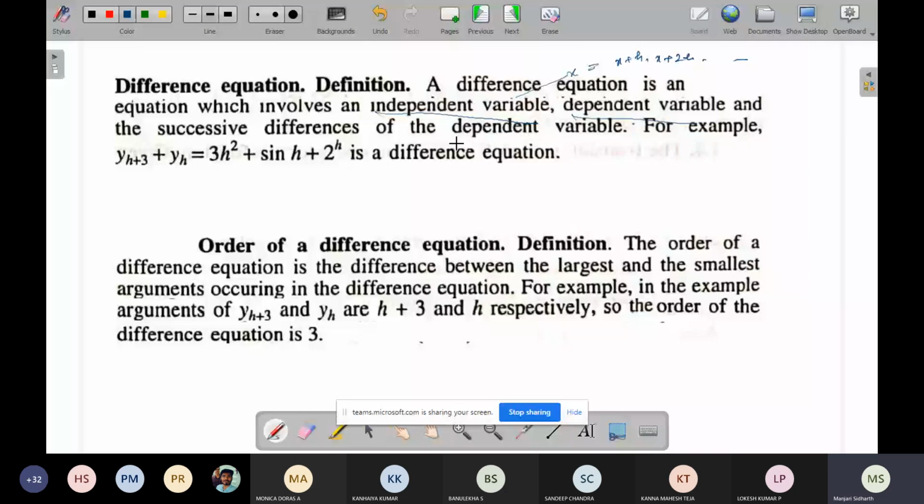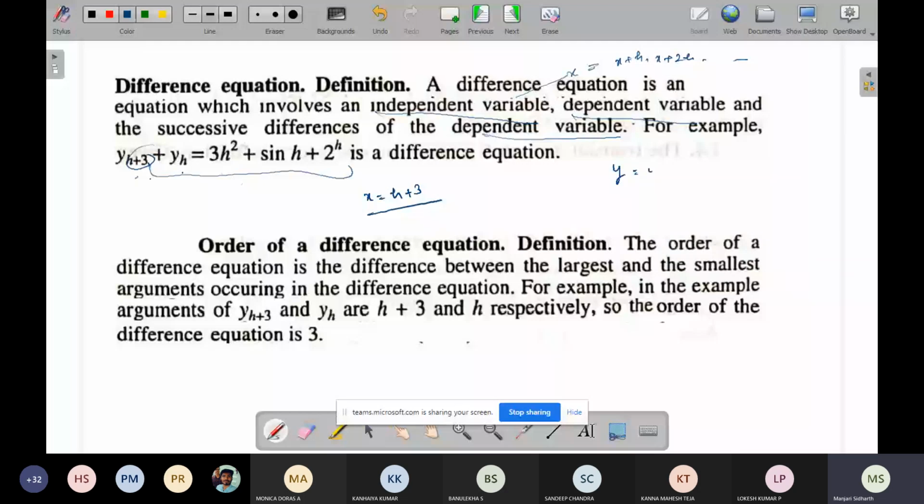For example, this: y(h plus 3), and then 3h squared. Here the x value is given as h plus 3. Basically, here h is considered as the independent variable. Why? Because if y is a function of x, then x is the independent variable.